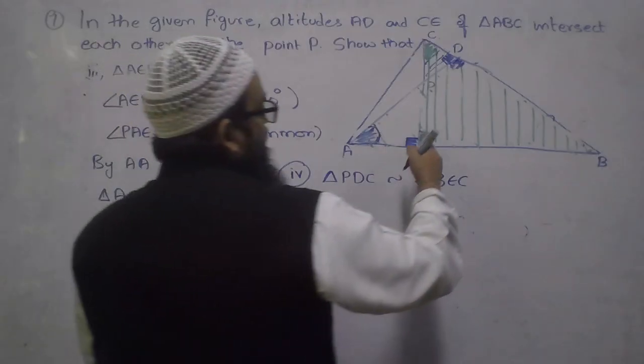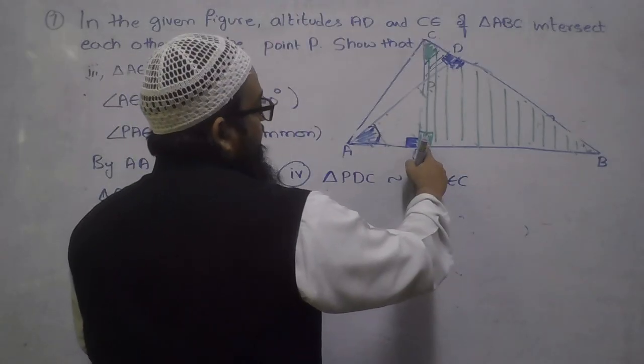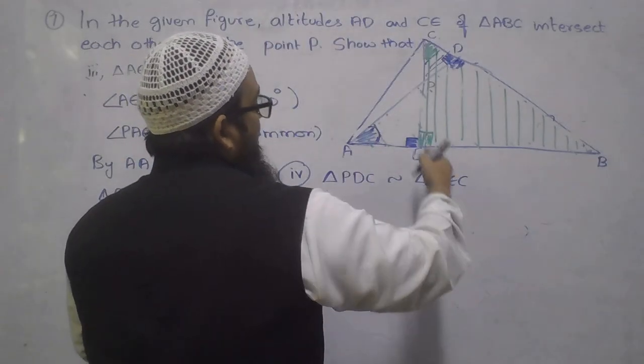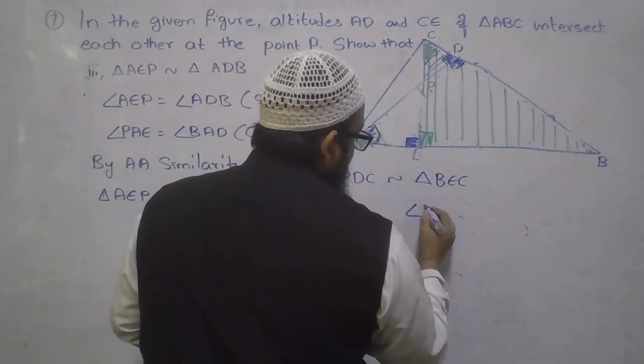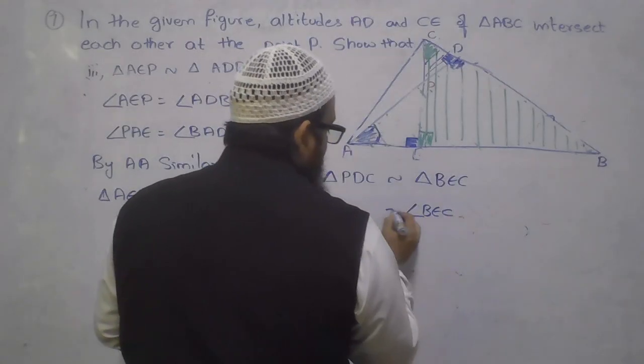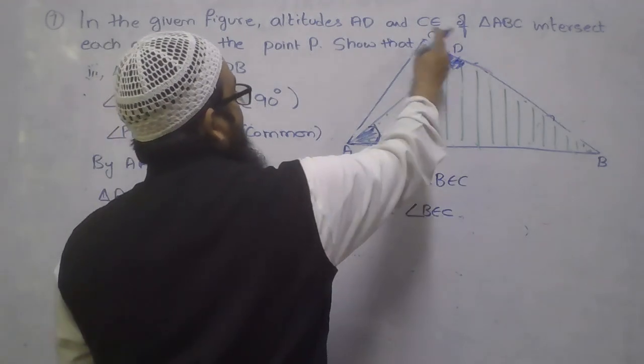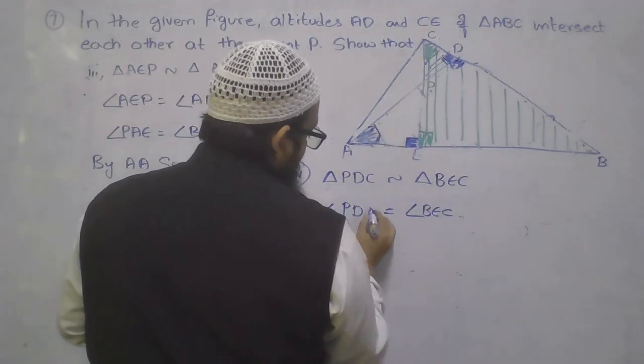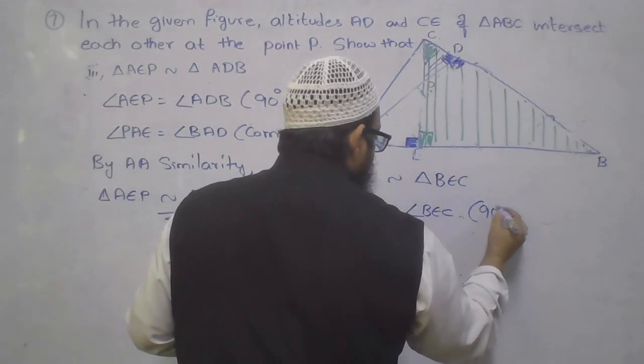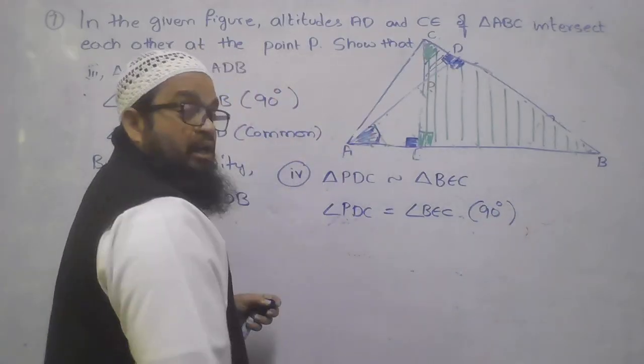In the green one, angle BEC is equal to angle PDC, 90 degrees, because of altitudes.